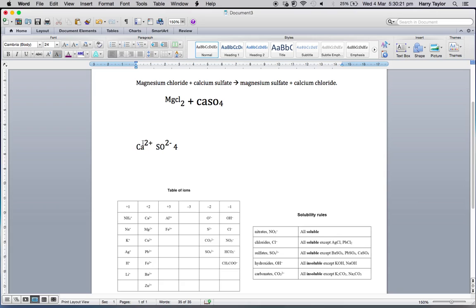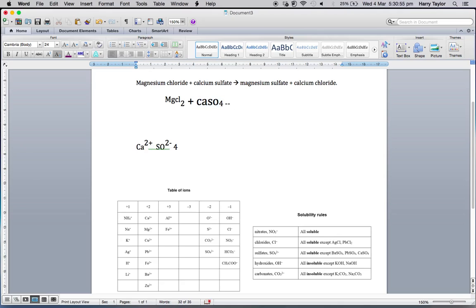So those two, the 2 plus and the 2 minus, attract, so you don't need to make any of the extra working like we did with the magnesium chloride. So now all you've got to write is CaSO4, because those two are cancelled out. So it's just calcium and sulfate. So that's your answer for there.